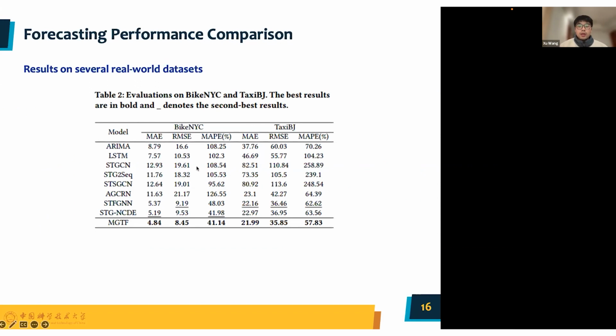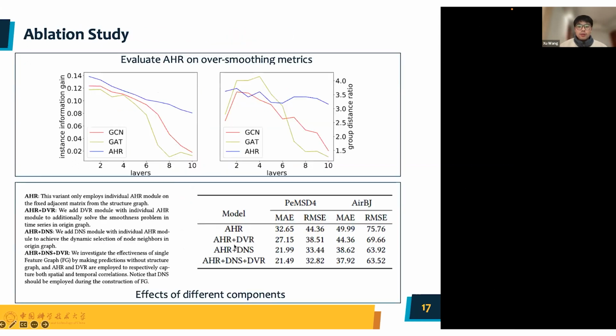We also evaluate our model on another 2 datasets with the same metrics. And the results are the same. All the results prove the superiority of our model on spatial temporal forecasting problem.